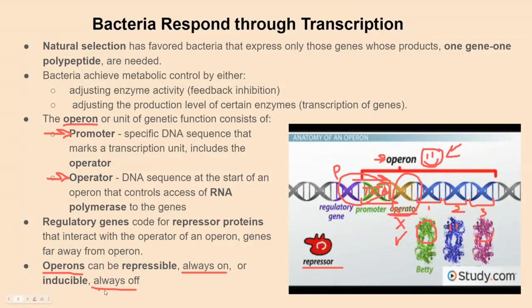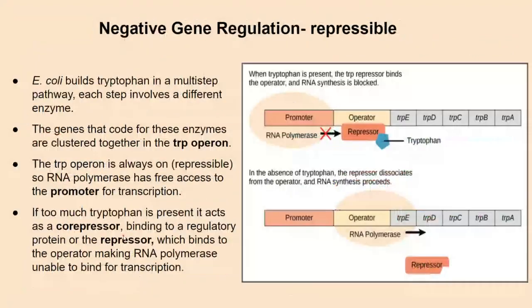If it is always off, that means it is never translating these genes. These genes are never going to be turned into proteins unless we turn it on, and that means it is inducible. So we have two different types of operons, a repressible operon or an inducible operon, and they are both going to be made up of a promoter and operator and then the collection of genes that we're trying to copy. Let's look at an example.